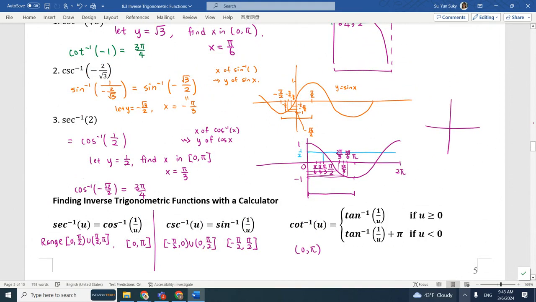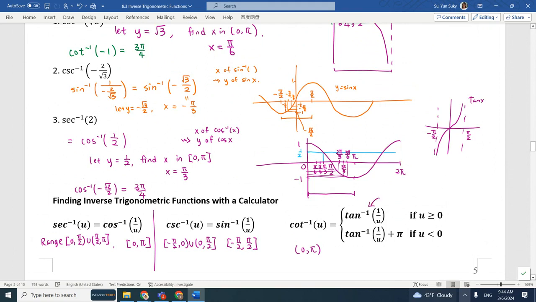But the arc tangent. Okay, what's arc tangent? You look at the tangent, and the tangent is from minus pi over 2 to pi over 2. And then you flip it across the line y equals x. Therefore, the range of the arc tangent corresponds to the domain of this one-to-one piece.